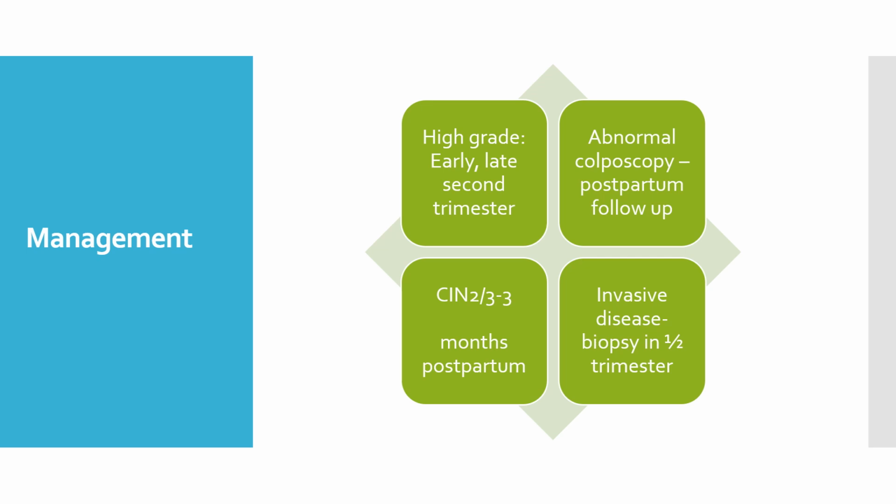Now, as you can imagine, the cervix in pregnancy is very vascular, and if you were to do a loop, you have to be prepared to manage hemorrhage, which is why these cases are left with experts in order for the management to be decided.